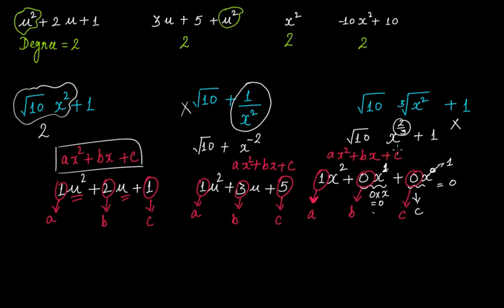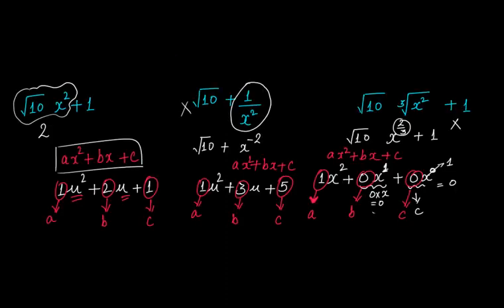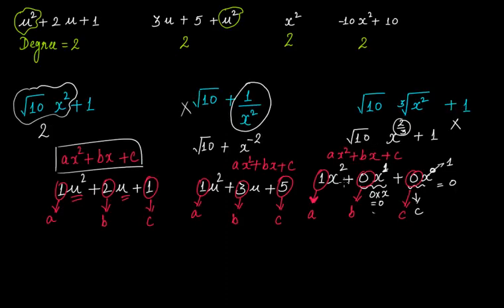Okay. Now think that why we have written here that a cannot be equal to 0. And let's take this example only, this one only, x squared. If a becomes 0, then this is actually what? 0 multiplied by x squared, this becomes 0.